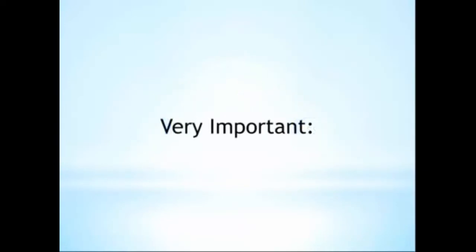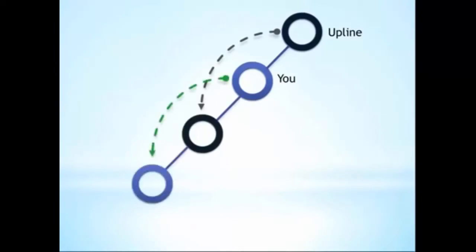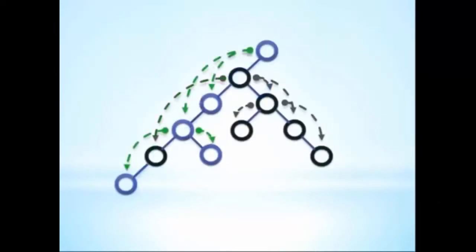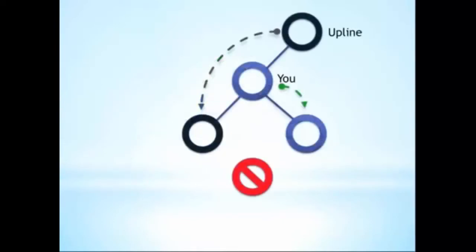Now pay attention because this part is very important. If you have someone placed on one side of your organization by your upline, you still have to enroll someone in that leg yourself. As we've said before, one of the strengths of the binary is that in many cases, upline sponsors will place people in your organization. But just because you have someone placed on one side of your tree doesn't mean you're qualified if you have placed someone on the other.